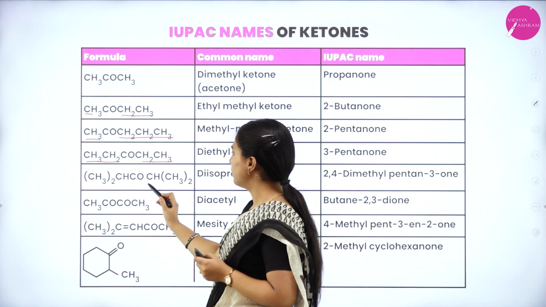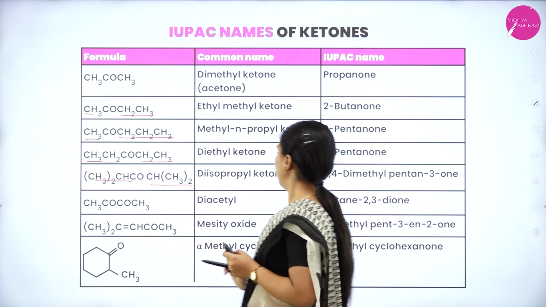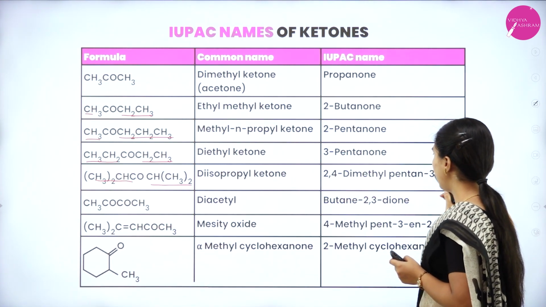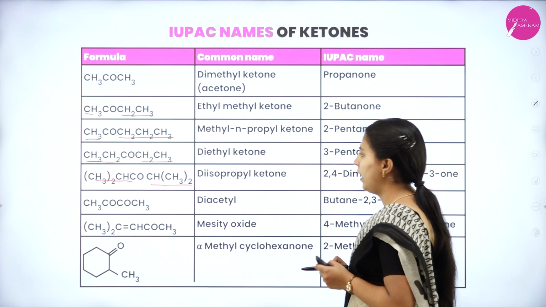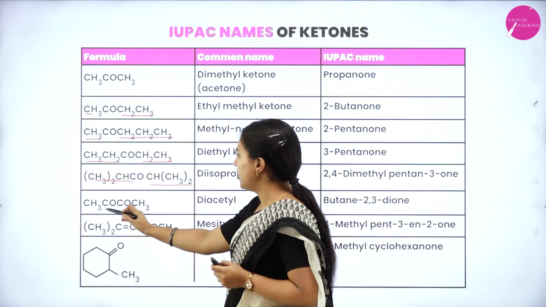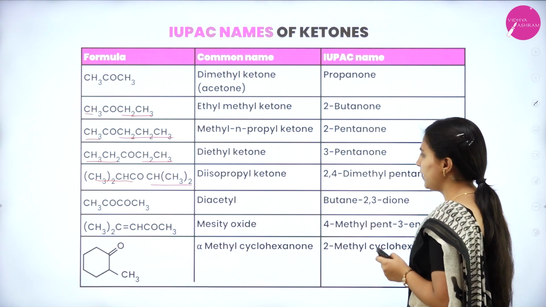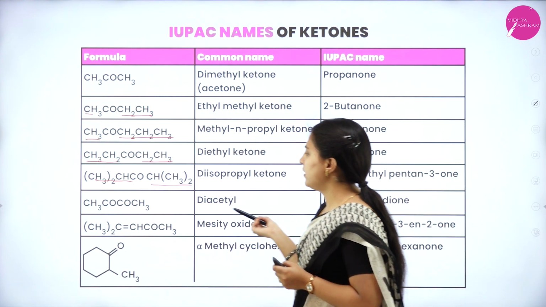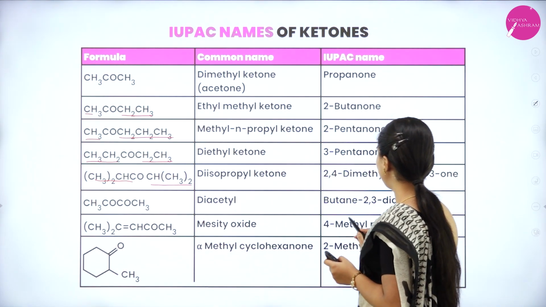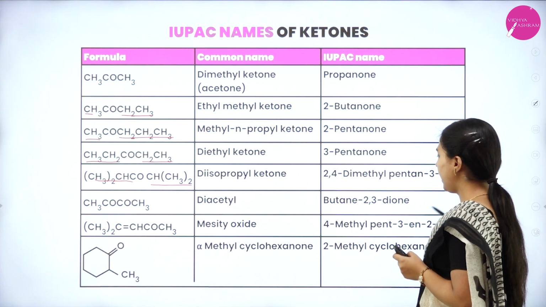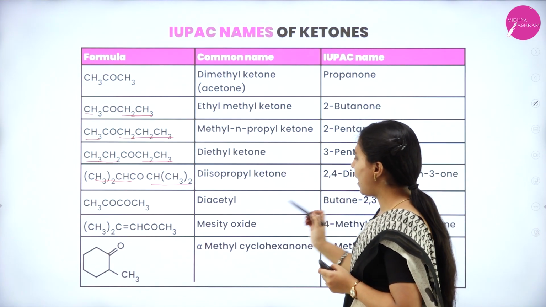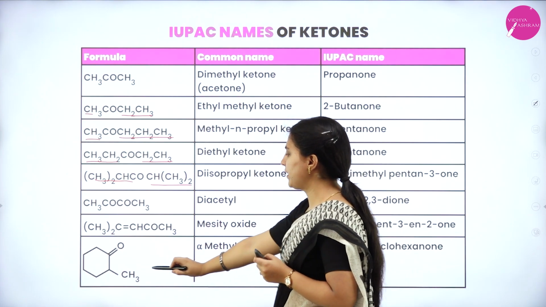Diisopropyl ketone, see here, 2,4-dimethylpentan-3-one. Diacetyl, COCH3 COCH3, butane-2,3-dione. And this is mesityl oxide, 4-methylpent-3-en-2-one. This is alpha-methylcyclohexanone.